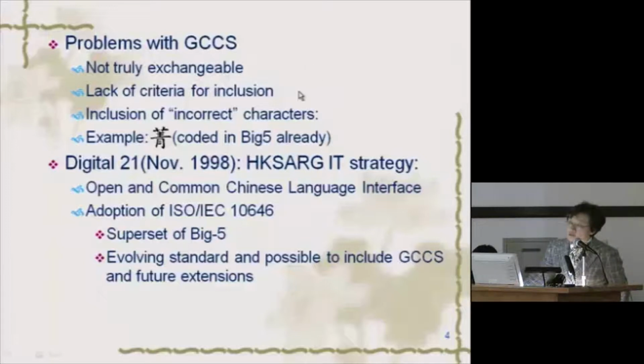The government cannot explain how those characters get into that collection. There are also mistakes in the GCCS. For example, if you look at this character, this was in GCCS, but the character was already in Big Five.